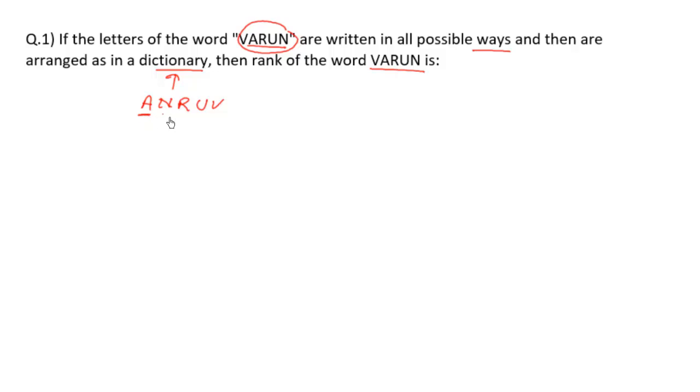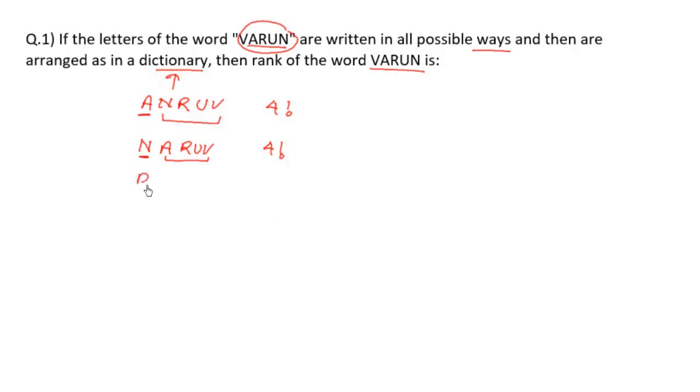If A is fixed, then the other letters can be arranged in 4 factorial ways because there are 4 letters. Similarly, the next word will start with the letter N, and the very first will be N-A-R-U-V. Again, all the words starting with N will be written, and these 4 letters can be arranged, so again this will be factorial 4.